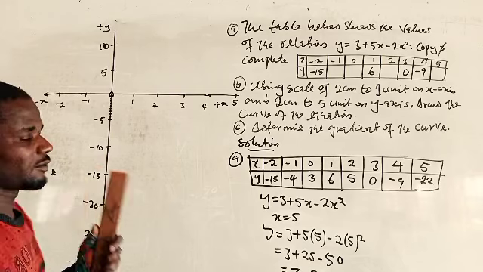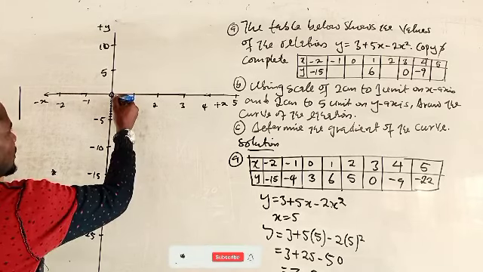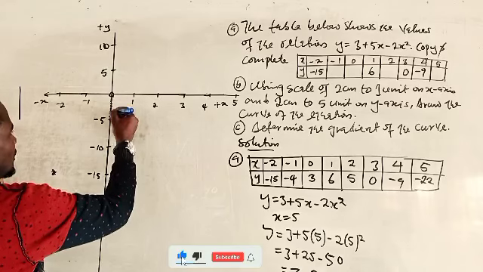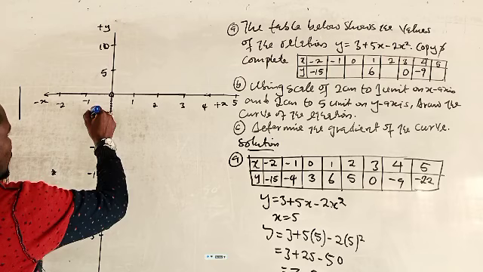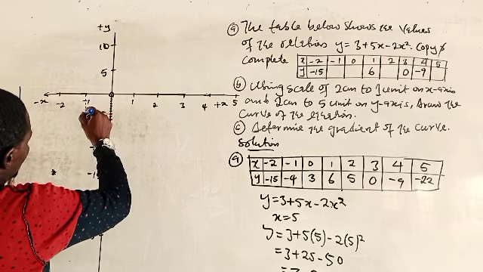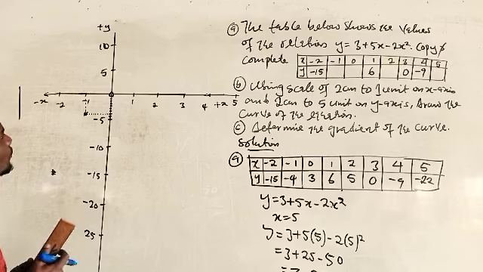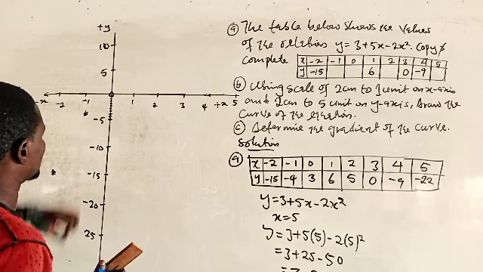Should be 5 divided by 10, which is 0.5. So that means from here to here is 1, 2, 3, 4. This is where the 4 is. Now this is where the minus 1 is. So from this point, we have minus 1 and minus 4.